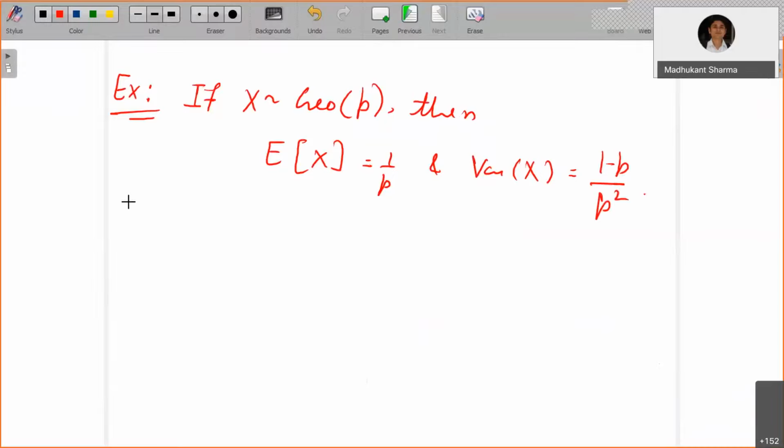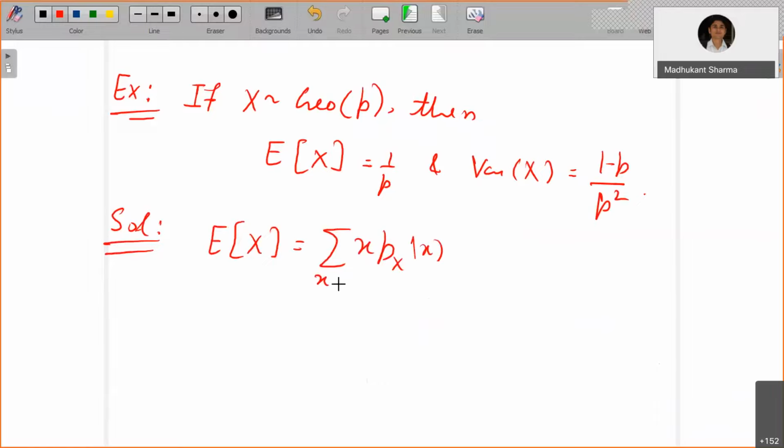The solution, again, you can look at it this way. The expectation of x is the summation of x times p x of x, starting from 1 to infinity. So that's going to be the summation from x equals 1 to infinity of x times p times 1 minus p to the power x minus 1.